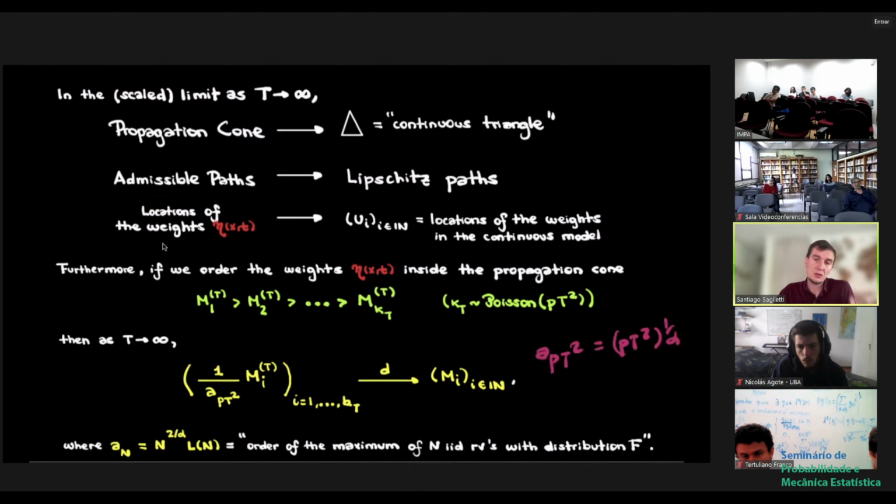So basically, we see that as t goes to infinity, all the variables of the discrete problem converge suitably to the corresponding ones in the continuous problem.